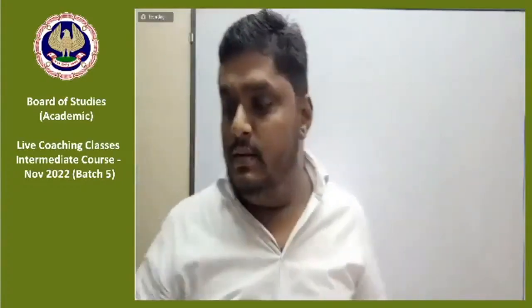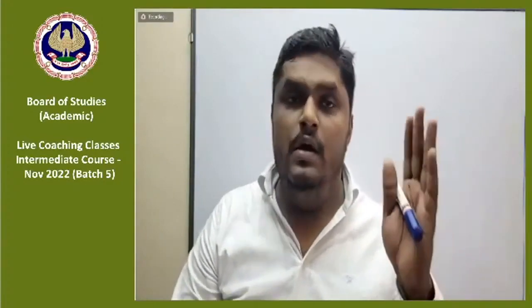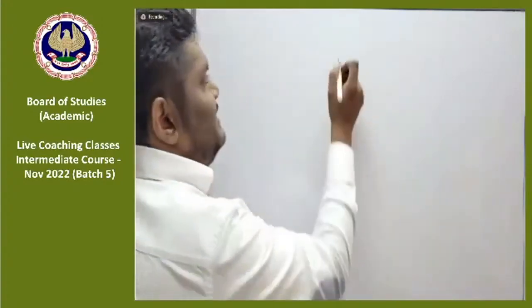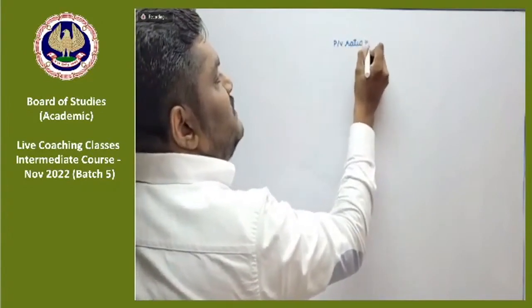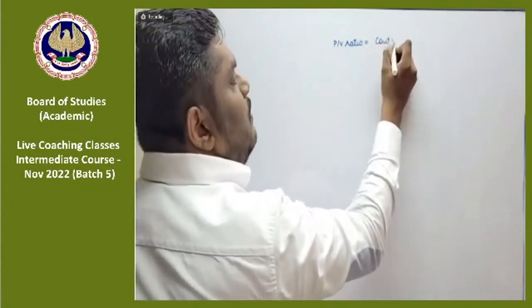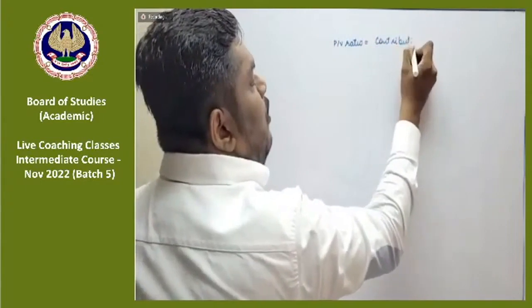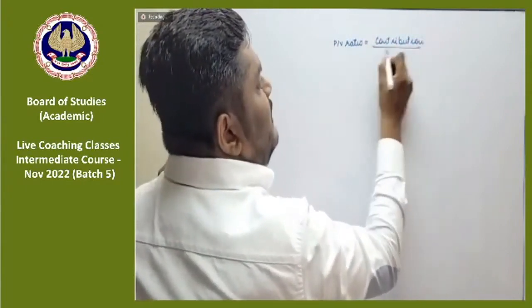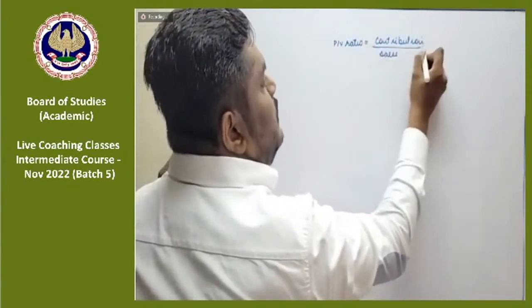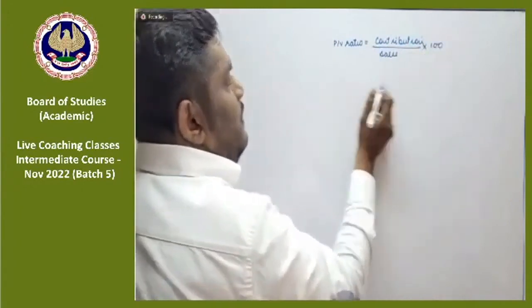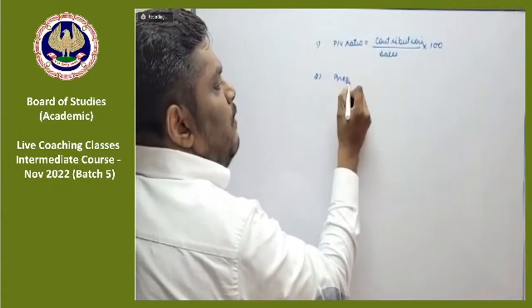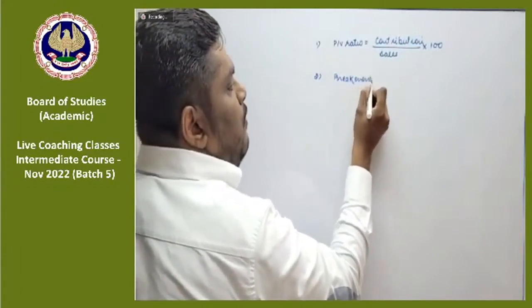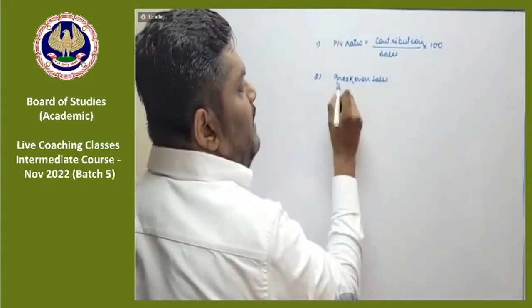So guys, till now we discussed the following concepts. That is PV ratio, that is contribution divided by sales into 100. Thereafter, the second point we discussed is break-even sales.